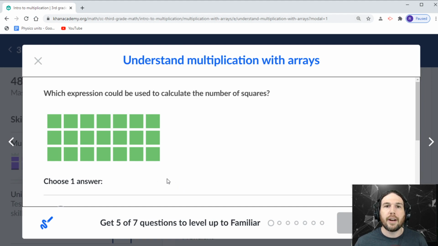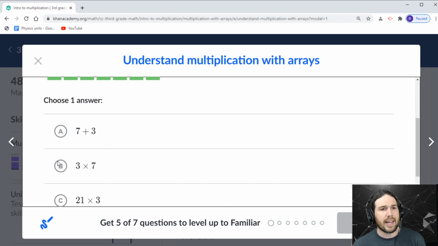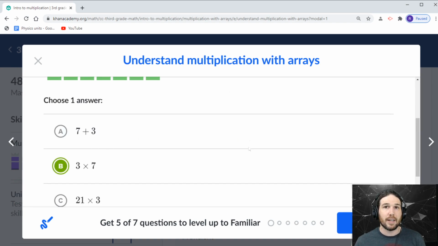And the way that we're going to find it is we're going to take the length, 1, 2, 3, 4, 5, 6, 7, and we're going to multiply it by the width, 1, 2, 3. Length, width, base, height, take your pick as to what words you use. Either way, we're going to get a total of 3 times 7 equals 21 total squares.